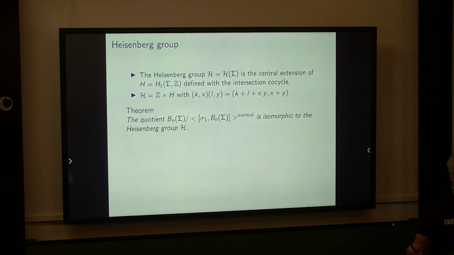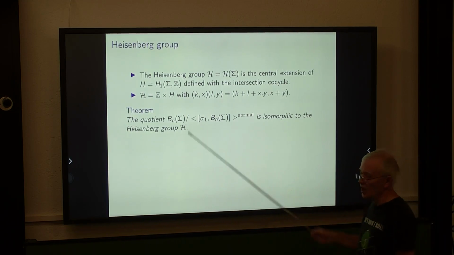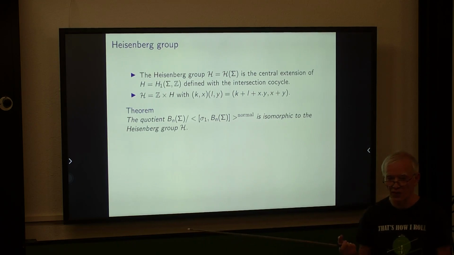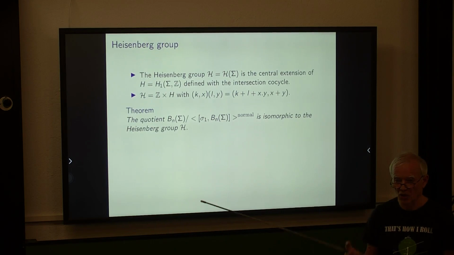So from this remark, any representation of the Heisenberg group will become a representation of the surface braid group and will give you a local system on the configuration.